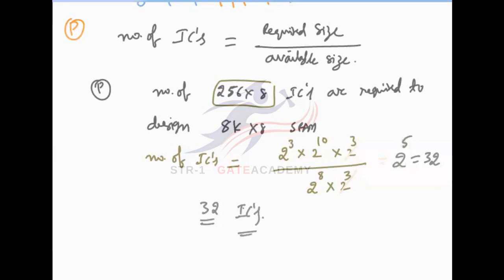Okay, number of ICs required to design another IC. So this is the one standard formula. Number of ICs is equal to required size by available size. Right?